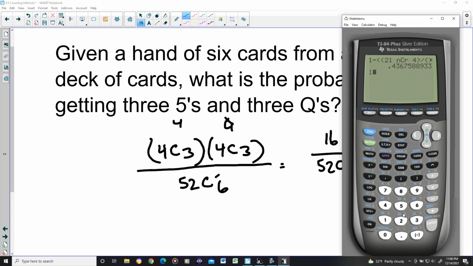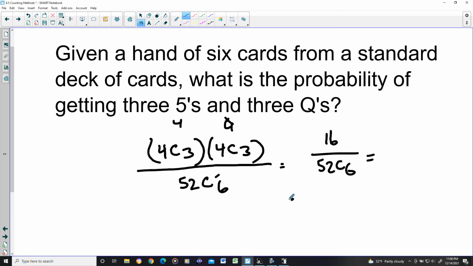Very, very low. 16 divided by parentheses 52 choose 6 is 7 times 10 to the negative 7. Remember, you can move the decimal point back if you want: 0.0000007. Yowza, that's pretty low.